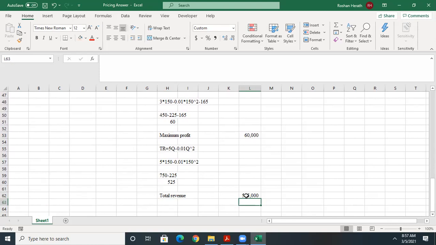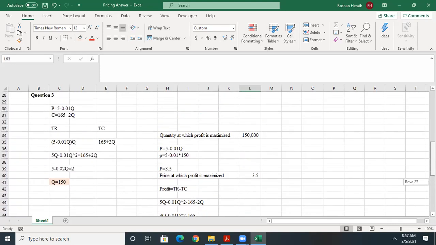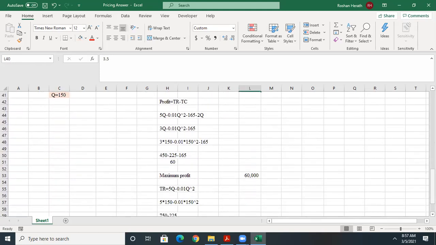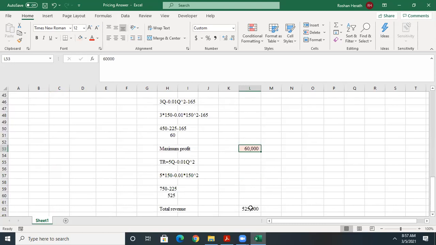These are the answers. See whether you are clear with that. If there's anything you are not comfortable with, please do let me know. It's rupees 3.5, 150,000 quantity, the profit at that point 60,000, and the total revenue 525,000.